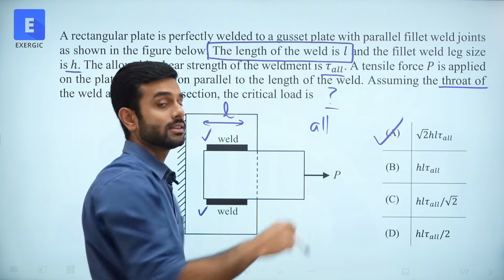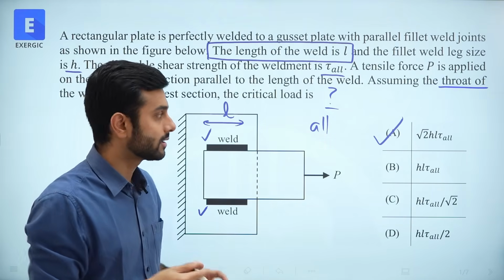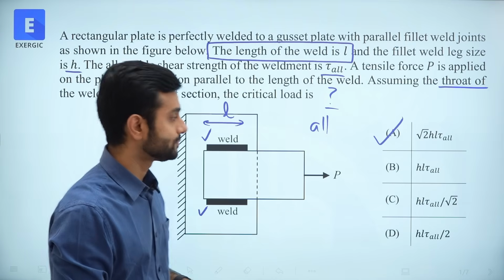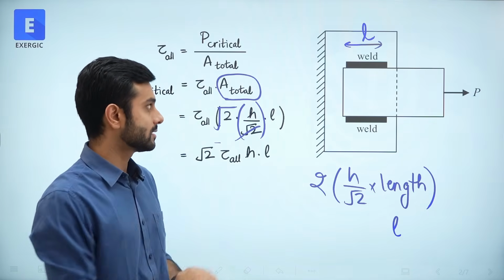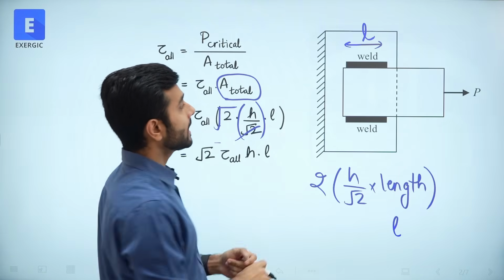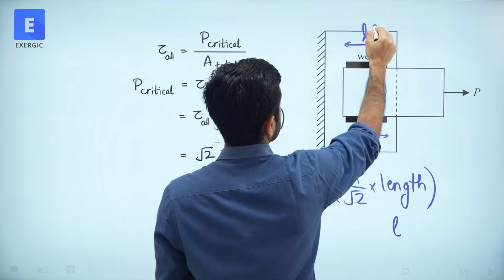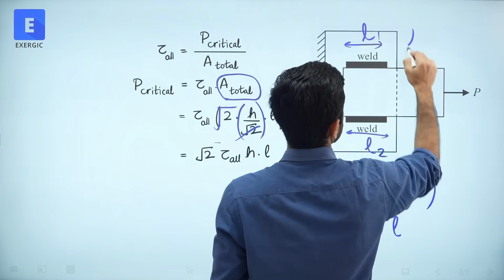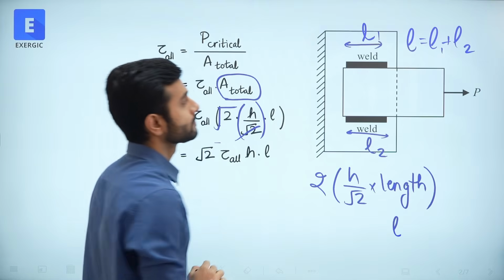And this is the official answer in the first official answer key that has been published. But the students who are not agreeing with this logic say that L actually is the total length, L1 plus L2. So the L given in the question is actually L1 plus L2.